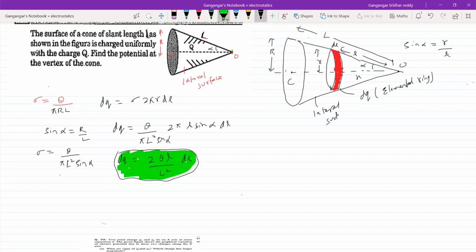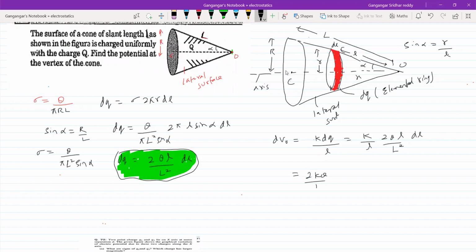Okay, let's go for potential at point O. dVo. This is like a ring, no? So what is the potential? This should be equal to K dq by L. No need to substitute r square plus x square directly. Potential on the ring, so x is the axis, where the point O is on the axis, no? So this will be K by L. dq is what? 2Q L by L square dl.